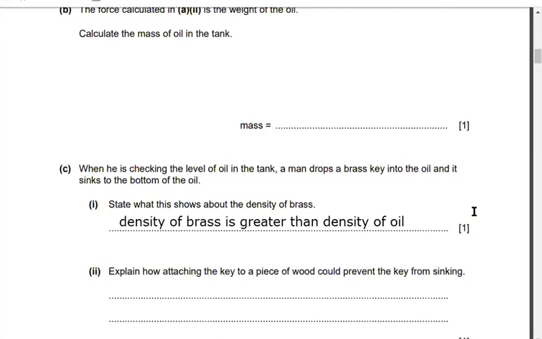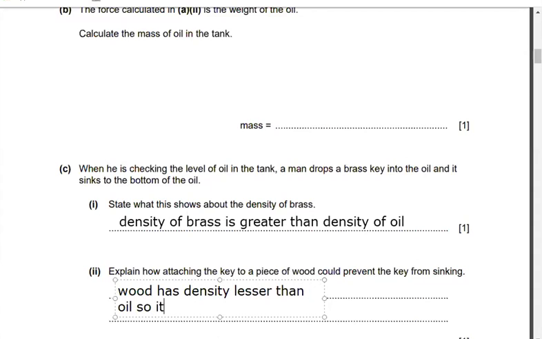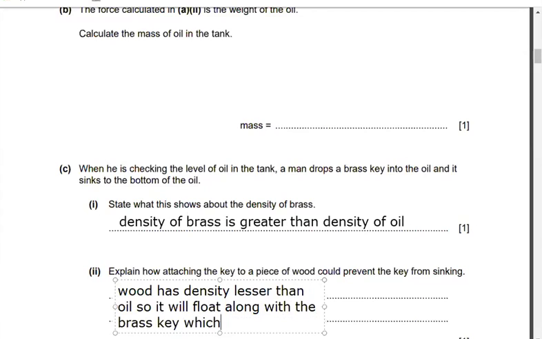So I want basic keywords over here. What I'm going to write: wood has density lesser than oil, so it will float along with the brass key which is attached to it.